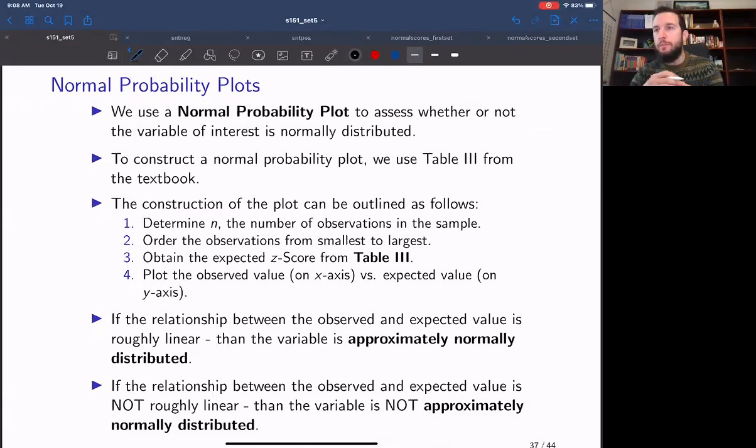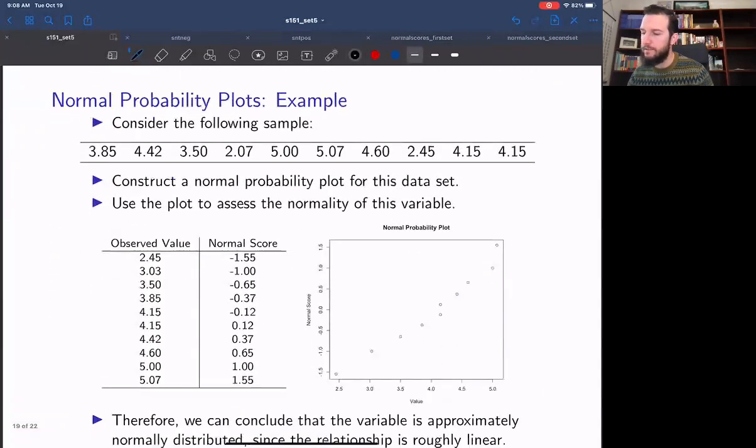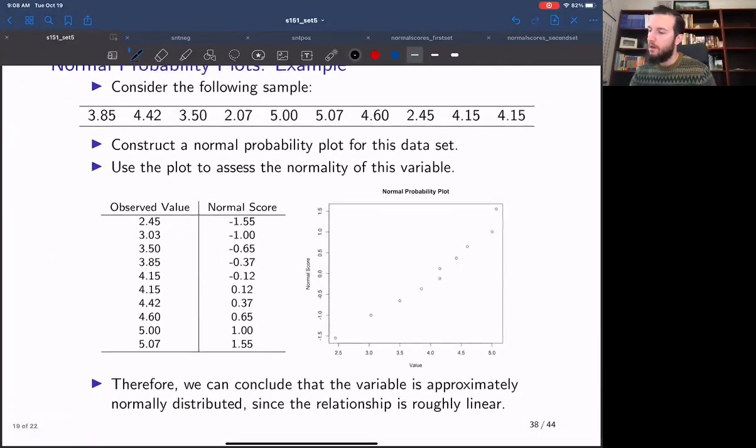If the relationship is linear, we have evidence that the variable is approximately normally distributed. If the relationship is not linear, then we have no evidence to suggest that the variable is approximately normally distributed. Okay, all right, so let's look at an example and then an exercise.